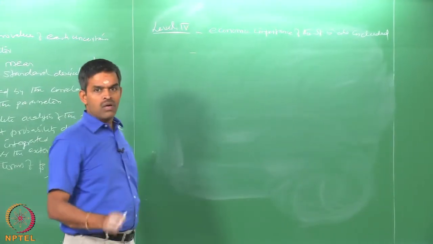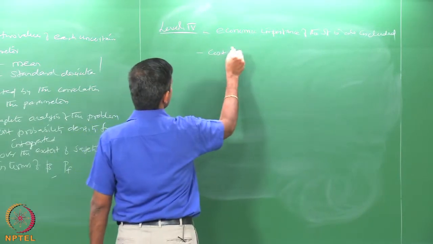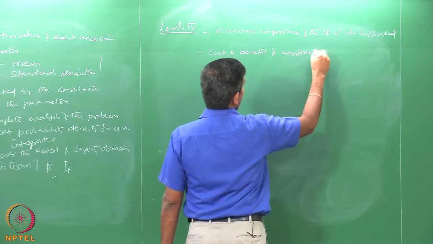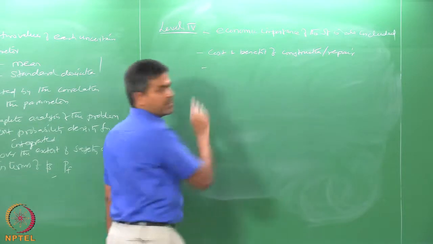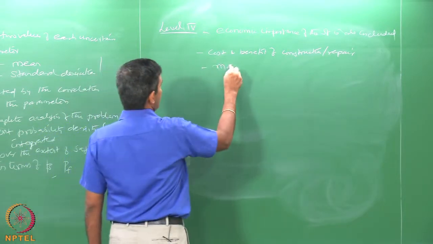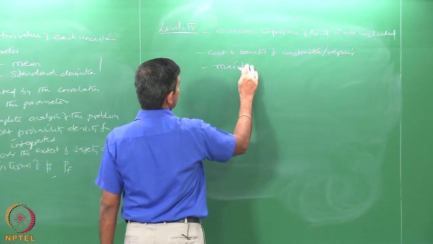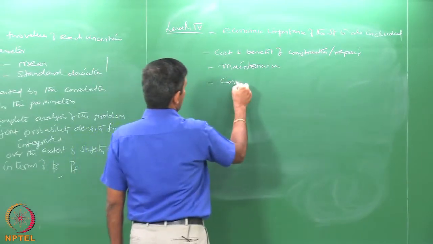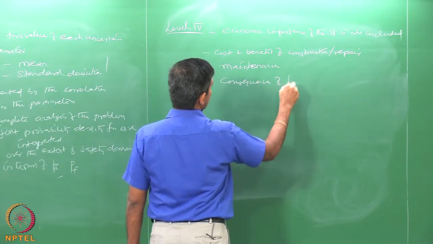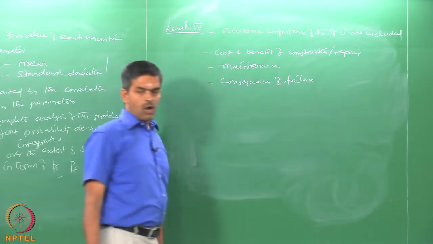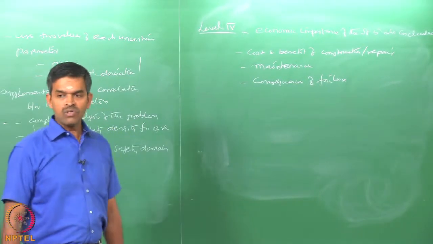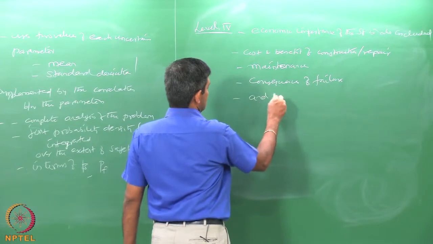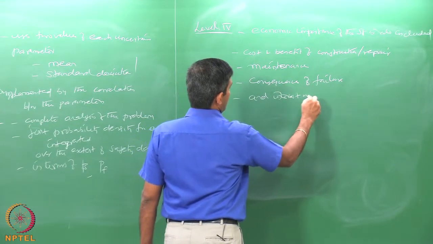It considers the cost and benefit of construction, or even repair. It considers problems associated with maintenance. It considers consequences of failure, not even stopping at the stage of probability of failure. It also assesses the consequence of failure, and of course the interest on the capital investment.